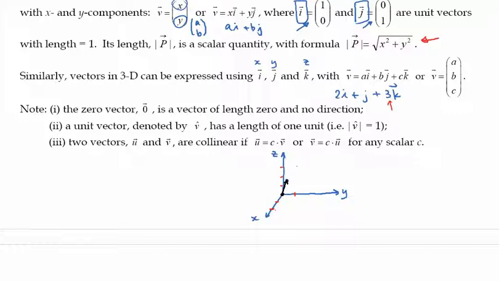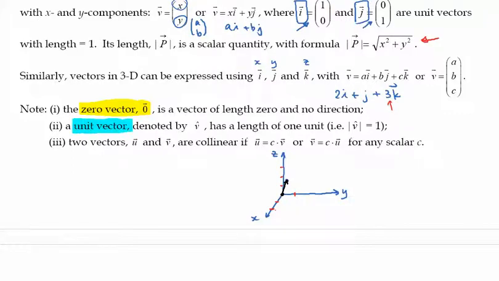Now there are a few things that you need to know for vector. First of all, zero vector. It is to describe a vector with no length, with no direction. So you're talking about just a single point. Sometimes if you want to indicate the direction without making reference to its length, you may want to use unit vector.